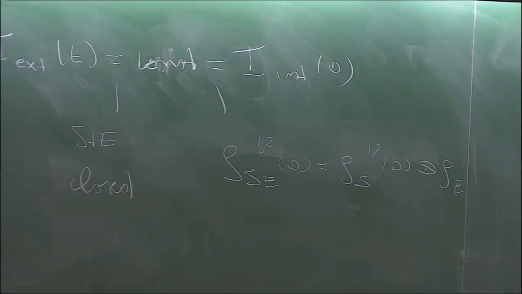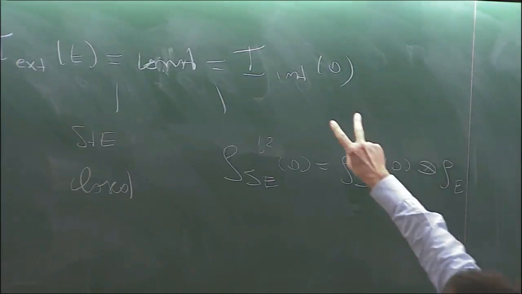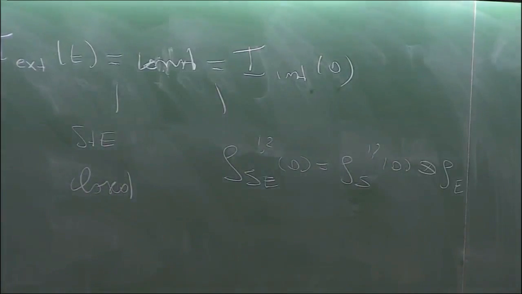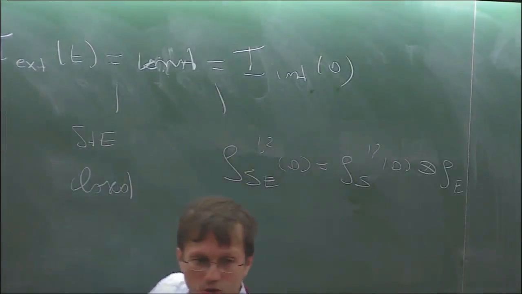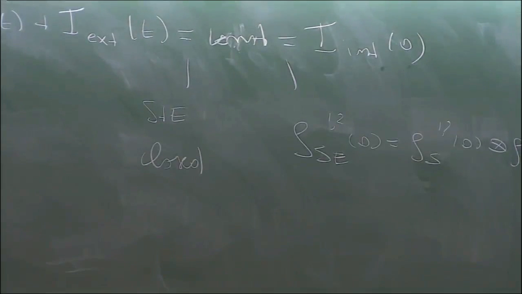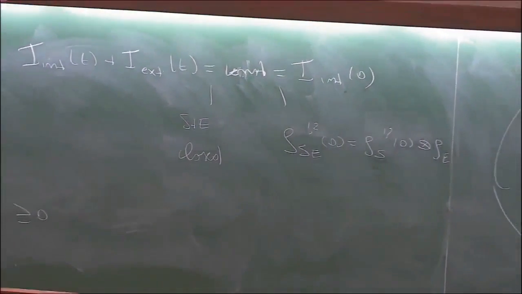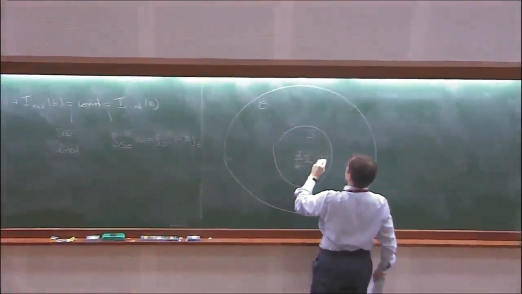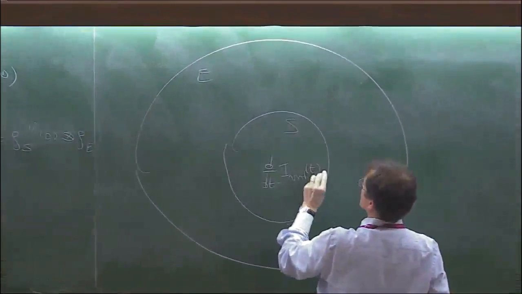Now, the idea is that since it is constant, if one quantity changes over time, the other also has to change. So the picture is the following. Here I have the system, here I have the environment. Here I take the time derivative of the internal information as a function of time.